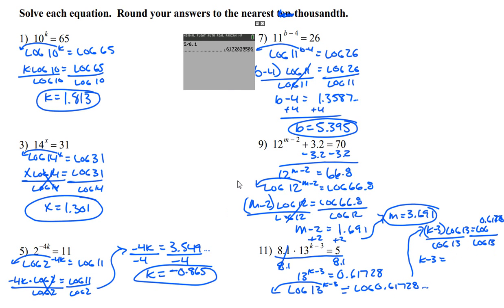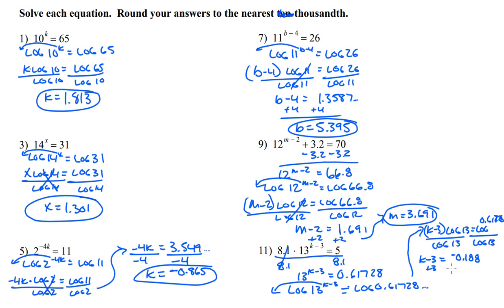Did we just have that one? Yeah, that one there. I want to leave that in there. So I push enter, and it will get my answer back in there. I'm going to take the log of that, so I do log, second answer, divide by log 13, and that gives me negative 0.188.